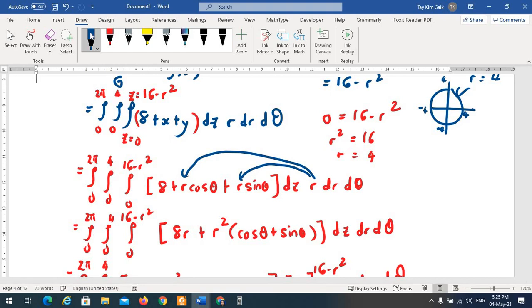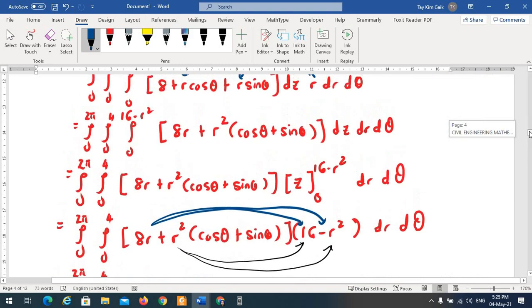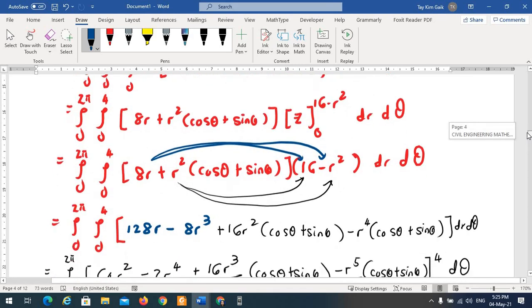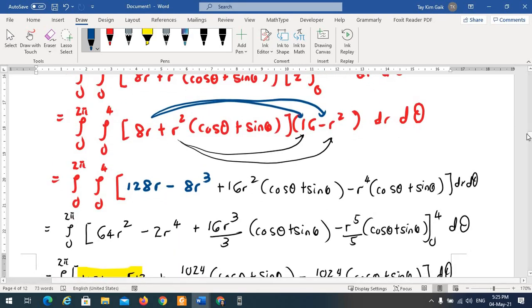So total is 8r plus r squared, because we factor out this r, giving r and r squared. And then you integrate with respect to z, r and theta are constant. So you get constant times z. Plug in the limit of z, so we got 16 minus r squared. And then expand it carefully before you integrate with respect to r.